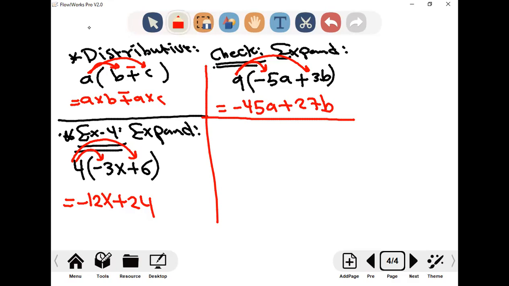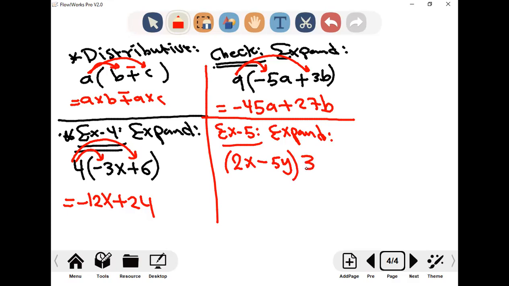Let's go to example 5. We have expand. Focus, my dear. Expand 2x minus 5y multiplied by 3. They flipped them, right? Same idea.